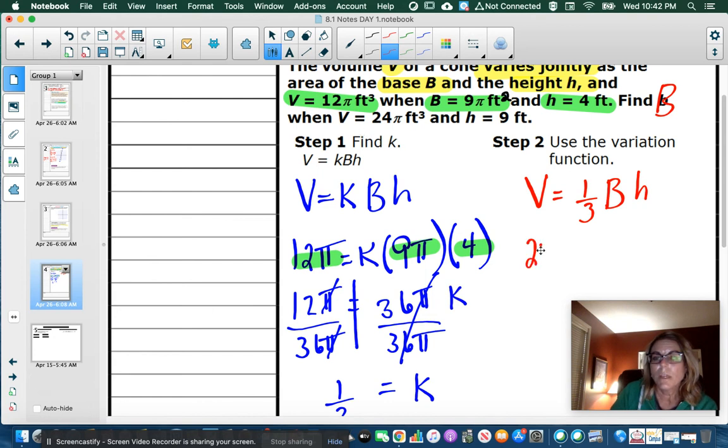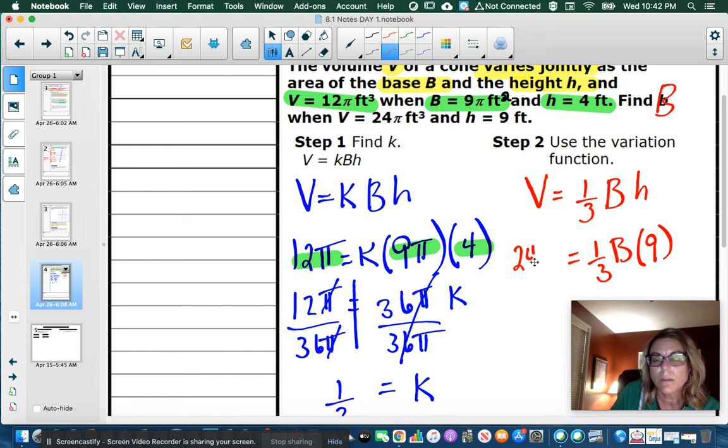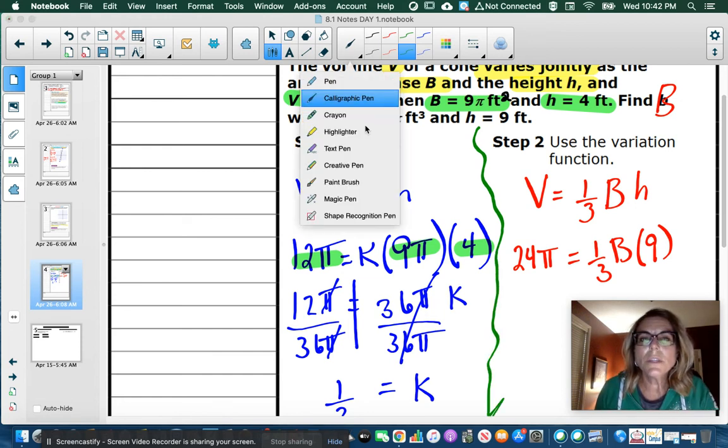Volume is 24 pi. I want to find base, and my height is 9. So what did we just use?